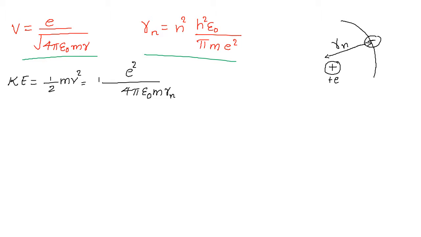Now I have to multiply that with m and 1 by 2, so 2 into. So that gives readily m e square divided by 8 pi epsilon 0 m Rn. So this is the kinetic energy, and this Rn is given by this formula. We'll substitute at the end. So this is the kinetic energy.